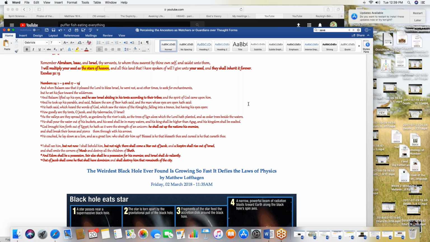And when Balaam saw that it pleased the Lord to bless Israel, he went not, as the other times, to seek for enchantments, but he set his face towards the wilderness.